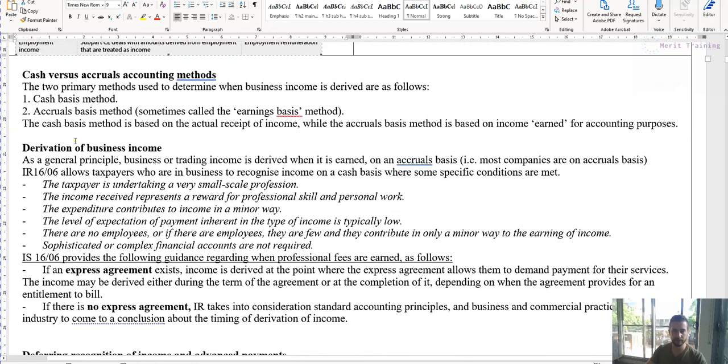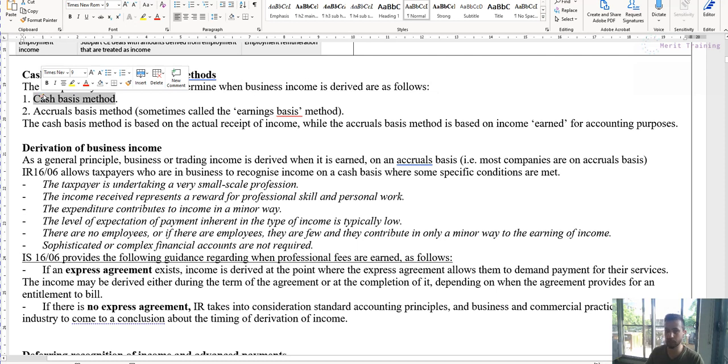One concept you need to know as part of this module is the difference between cash and accrual. It's general knowledge, and hopefully you've learned it from uni or your job. Just as a quick recap, there are 2 methods. Generally, small businesses use a cash basis, and as you become a large business, you have to use an accruals basis.